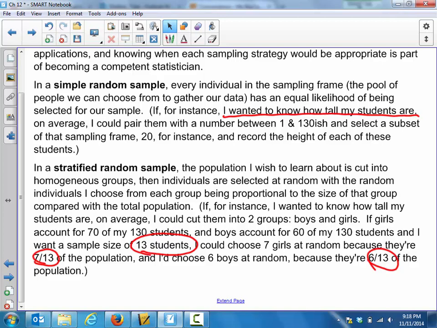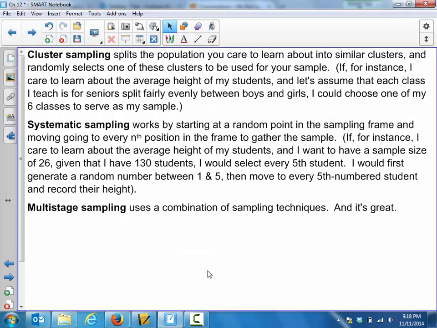And that way, what that allows me to avoid is a sample size of 13 where all I get are boys, and my estimate of the actual height of the 130 students I have is too great. Or if I got all 13 girls, I'd run into a similar problem, only my average would probably be too short. Okay, so that way I'm being fair to the whole population and including my two disparate or different groups.